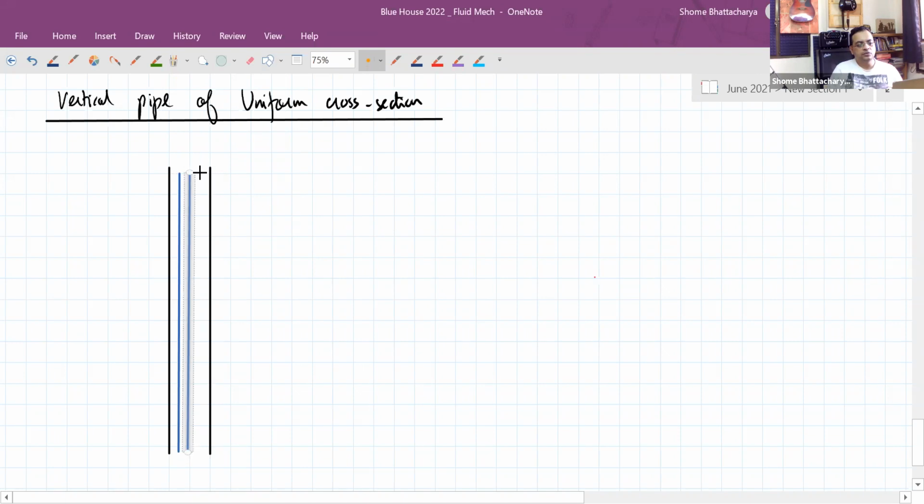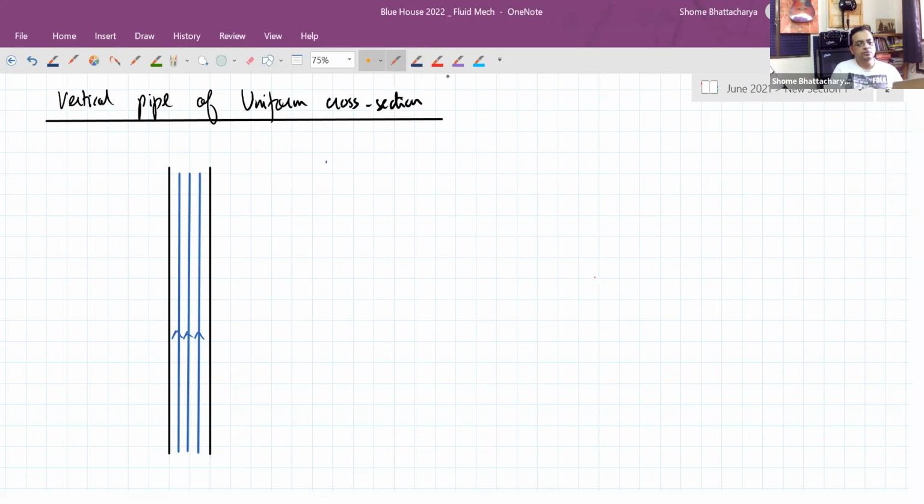Okay. So the correct way to analyze the motion over here will be first and foremost to understand that whether our fluid is flowing in the upward direction or downward direction, the relationship between the velocity of flow at any 2 points will come from the fundamental of continuity equation.